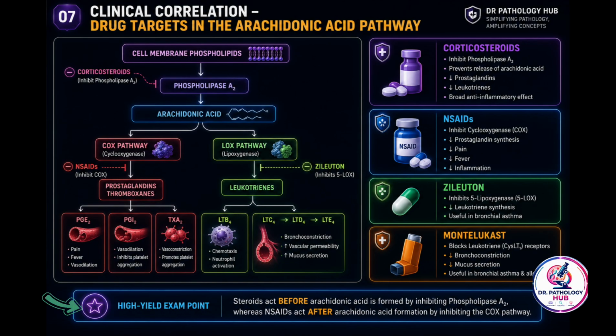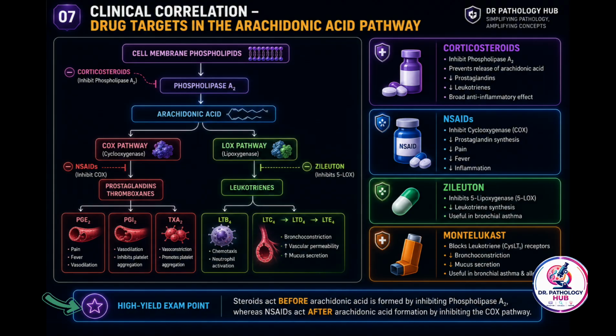Now let's clinically correlate the drug targets in the arachidonic acid pathway. This pathway is clinically important because many anti-inflammatory drugs act here. Corticosteroids inhibit phospholipase A2, preventing the formation of arachidonic acid and thereby reducing both prostaglandins and leukotrienes.